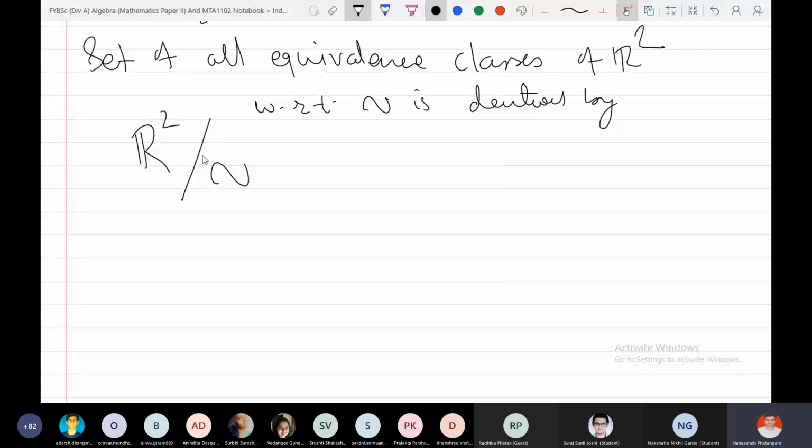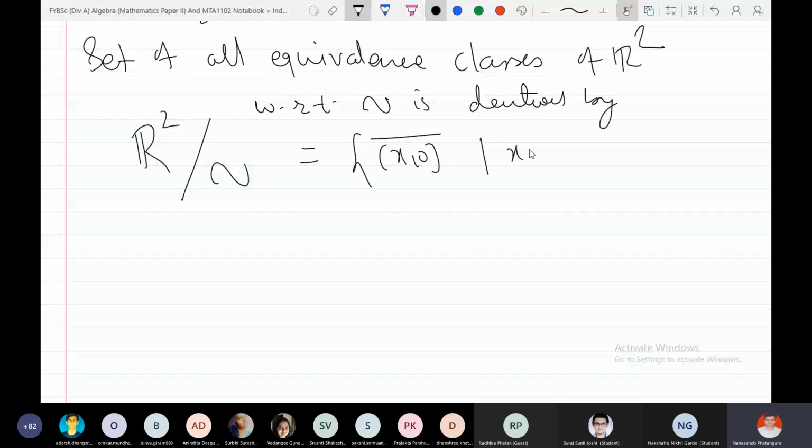Modulo means with respect to, and these classes are basically the classes of elements (x, 0) where x is greater than or equal to 0. So choose any x greater than or equal to 0 with second component 0, choose it as a representative, and look at their classes. This will give you the complete list of classes. That's it.